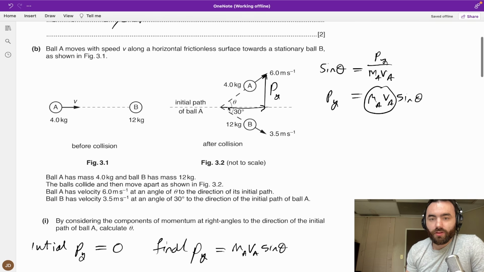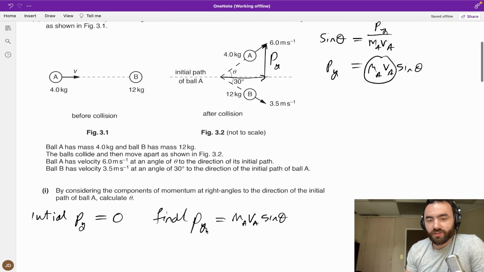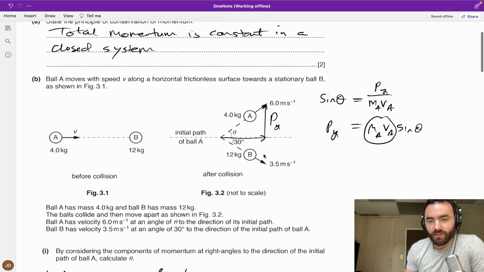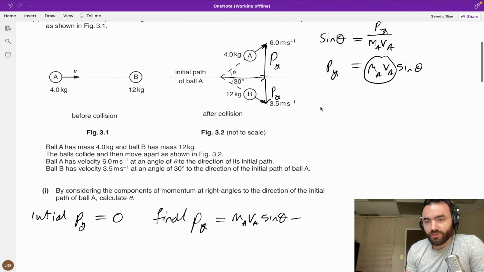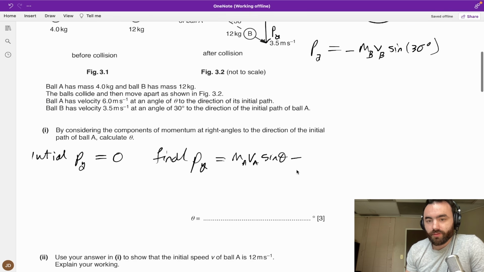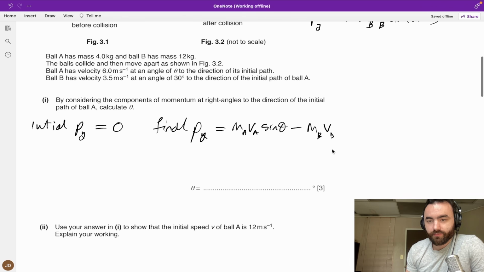But then what also contributes to the total final momentum is the momentum in the y direction of B. However, it's acting in the opposite direction. So it'll be minus, and here the py of B is doing the same thing, but it will be minus m of B, v of B, sine of 30 degrees.